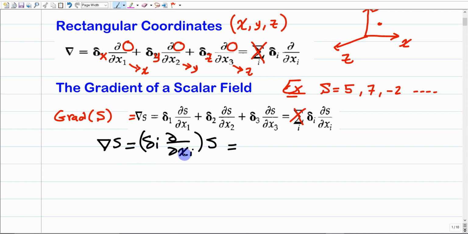We can combine these two terms together, and we say that it is the partial derivative of S, which is like a function, with respect to xi. In case i is x, it is the partial derivative of S with respect to x. In case i is y, it is the partial derivative of S with respect to y. If i is z, it is the partial derivative of S with respect to z, and so on. And just carry on the delta i.